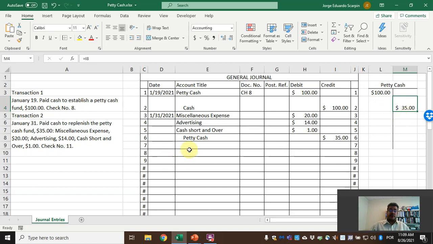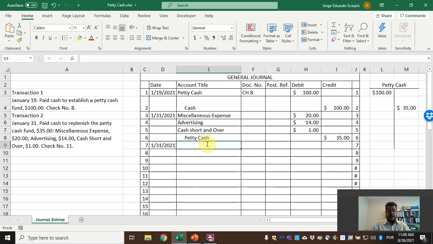So a second journal entry, debit petty cash, and credit cash. How much? And then the check number 11, 35, and 35. Now the petty cash, $35 here.